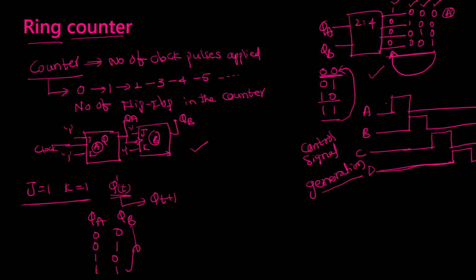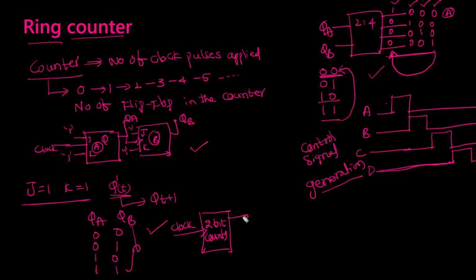I have explained here how the counter works. Now we are taking the counter outputs as input to the next stage. So what is the complete diagram? The complete diagram is like this. I have a 2-bit counter. What is the input to the 2-bit counter? I am just giving a clock to the 2-bit counter.